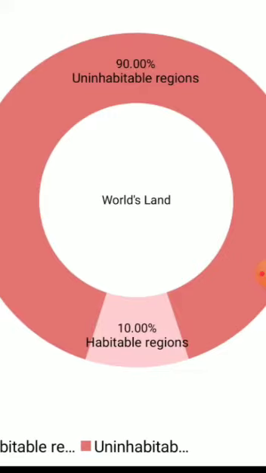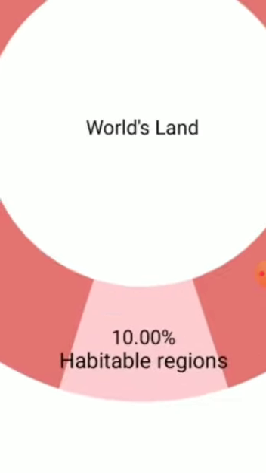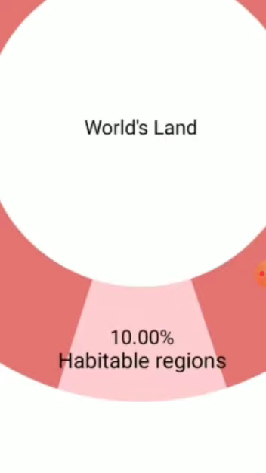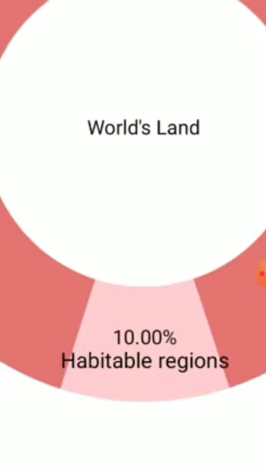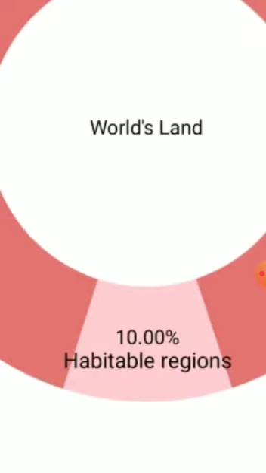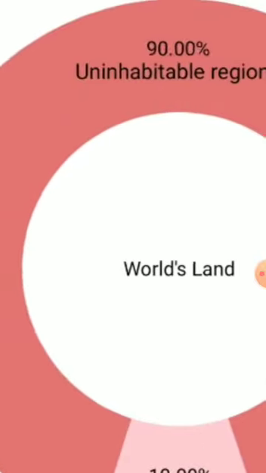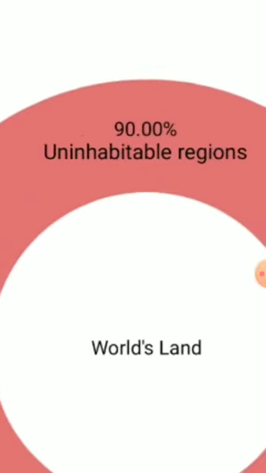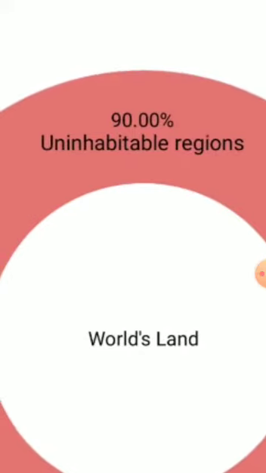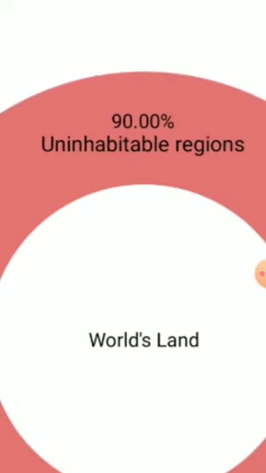That means this 10% of land has moderate climate and suitable land for various economic activities, like fertile soil, flat land, etc. And this 90% of world land is actually the uninhabitable regions.